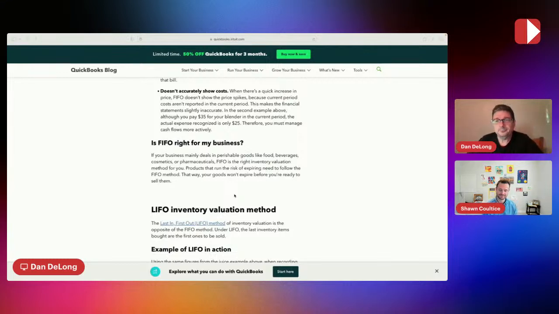Yeah, exactly. And one of the things as I was perusing this article is that there is a difference between cost calculation, as far as what shows up on my profit and loss, and inventory valuation. And this article is riddled with blurring those lines.